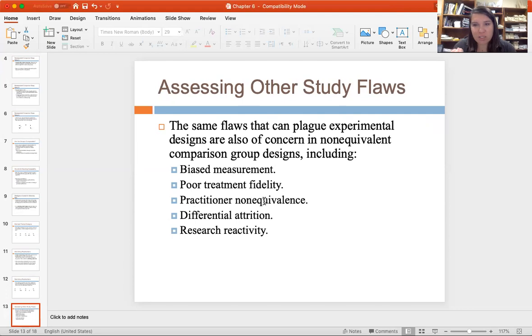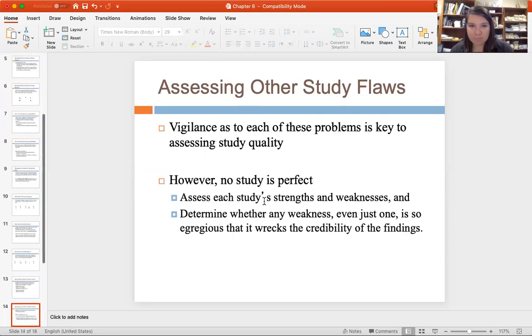These are all things that you will constantly want to keep in mind for any studies. No study is perfect. Each study has strengths and weaknesses, and so it's up to us as the readers to interpret and determine whether or not a weakness is so egregious that it can wreck the credibility of the findings.